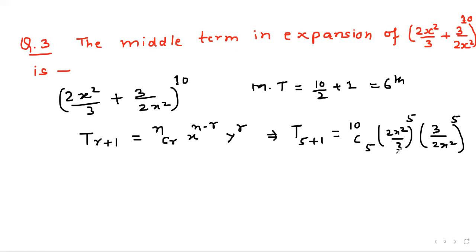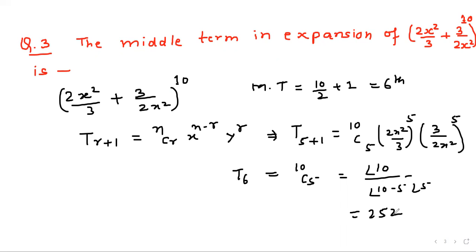So clearly 2x squared and 2x squared will cancel out, 3 will cancel out. So we will be left with T6 equal to 10C5, which is equal to factorial 10 divided by factorial 10 minus 5 times factorial 5, and then we can evaluate it to get the answer, and the answer will be 252.